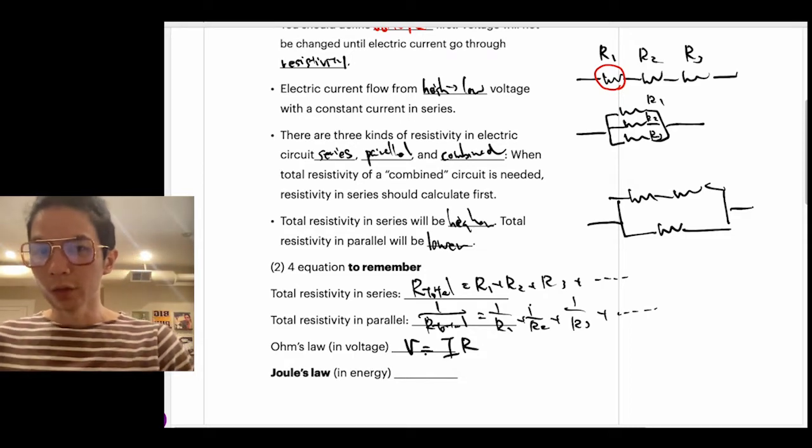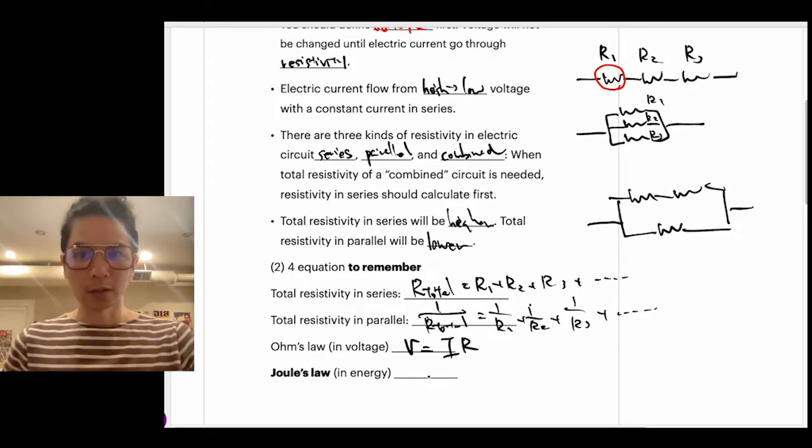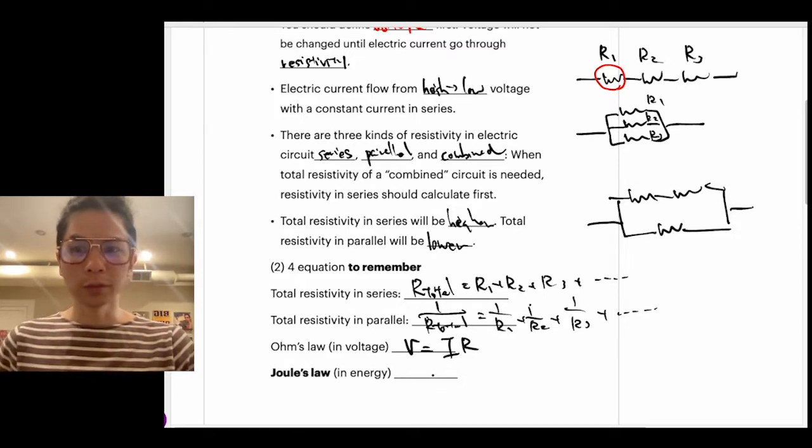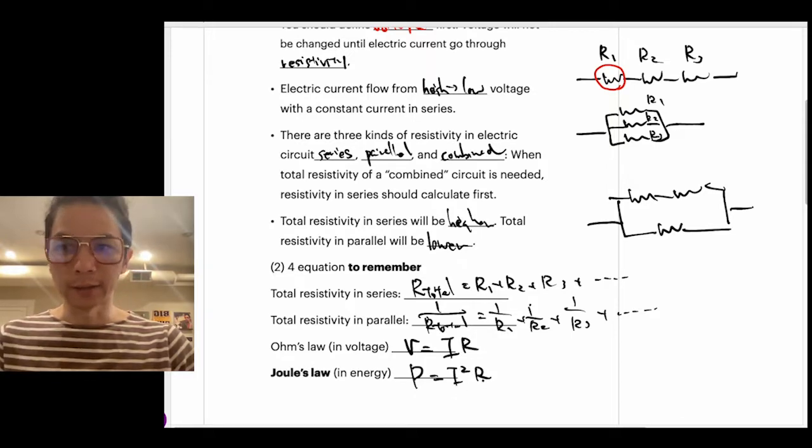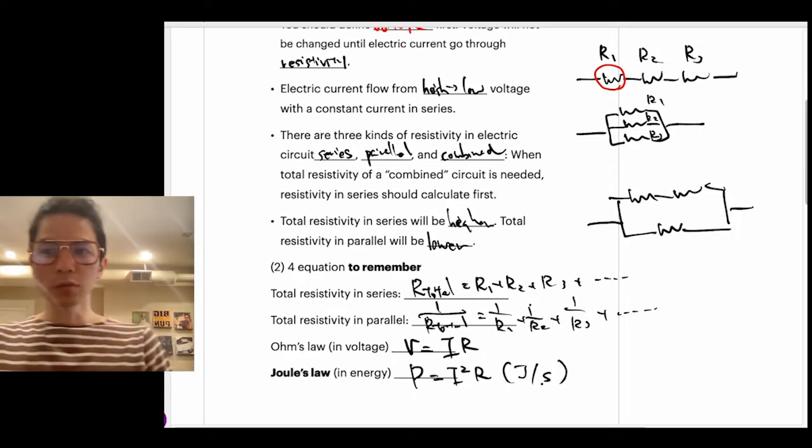Using Joule's law, you can calculate the energy consumed at one resistivity, which is P equals I squared R. Again, I is electric current and R is resistivity. The unit of this energy is joule per second. This is all you have to know.